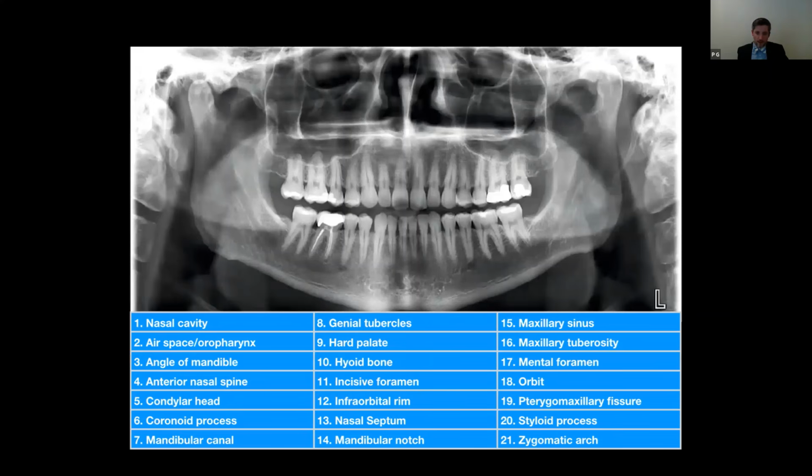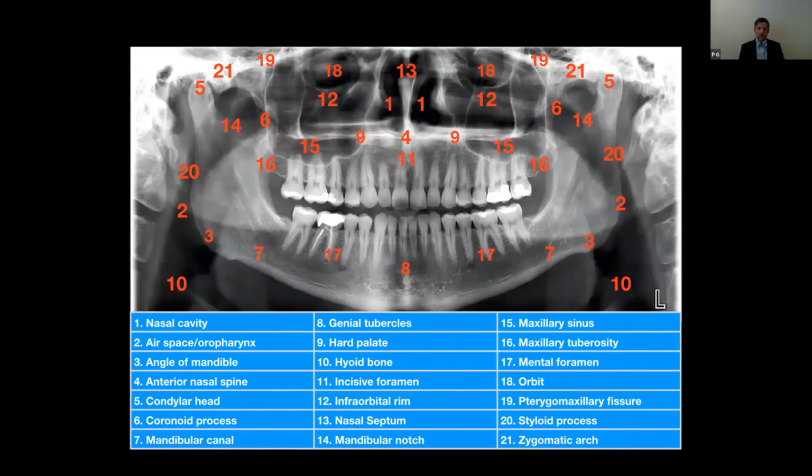And this is just to highlight all the structures that we can see outside of the dentition. So we look at this every day, outside the region of the teeth. But I would argue that all of these structures that you see labeled are much easier to evaluate in a cone beam scan than a panoramic.